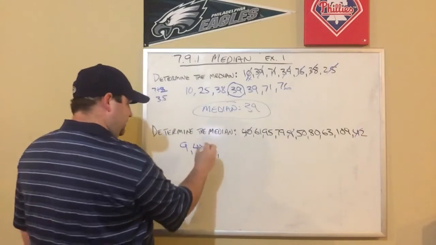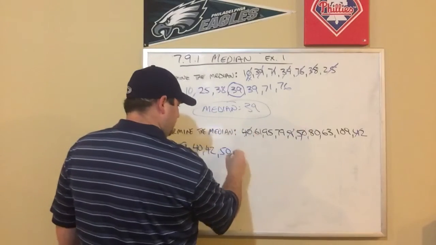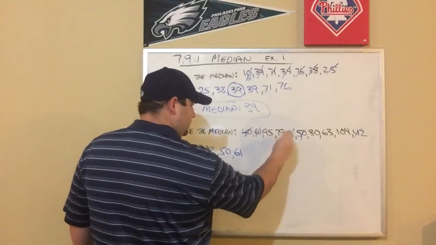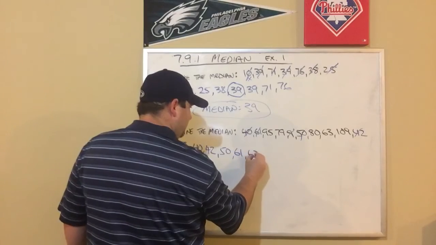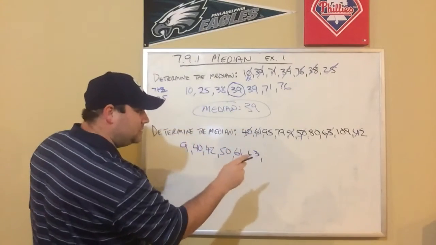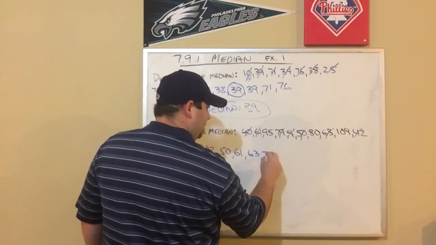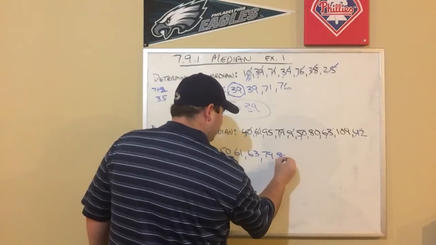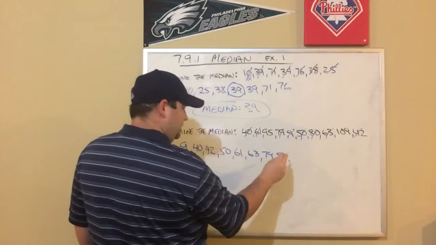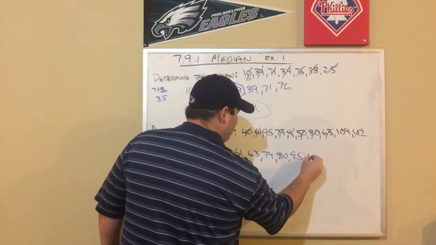I see a 50. 61, 63, how many other 60s now? 70, 79, and I see an 80, I see a 95, and a 109.